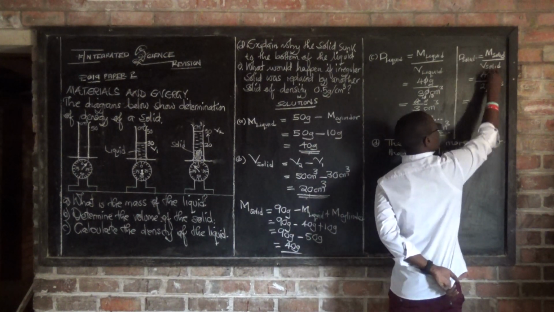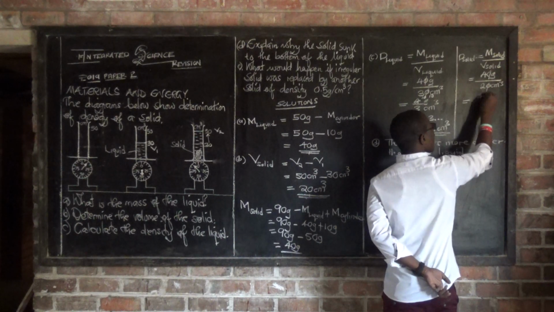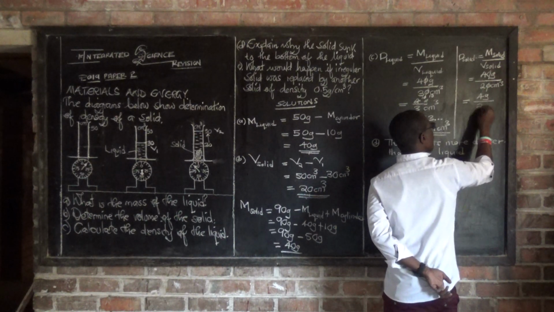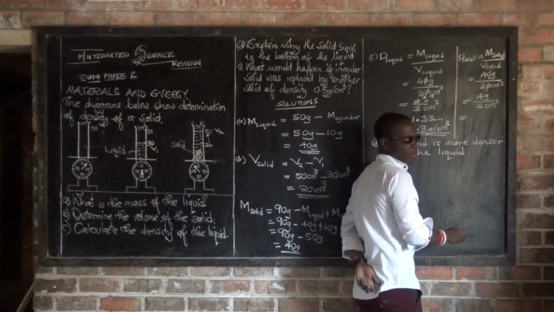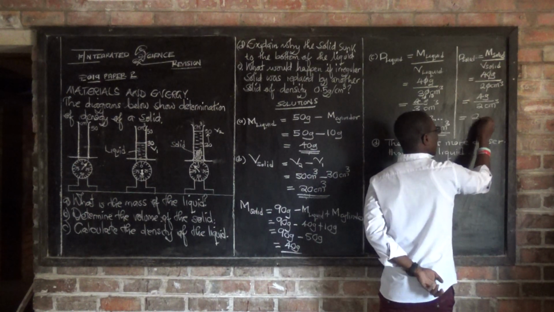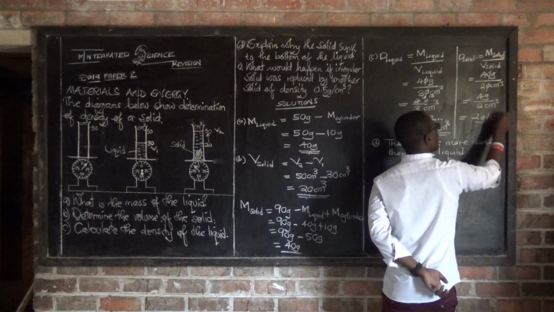So this 0 and this 0 are going to go. So 4 grams over 2 cubic centimeters. So 4 divided by 2, you get 2 grams per cubic centimeter.